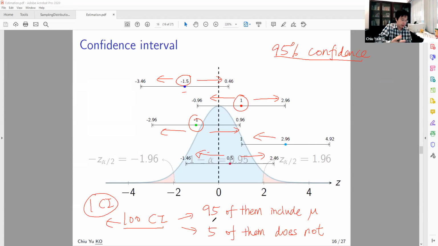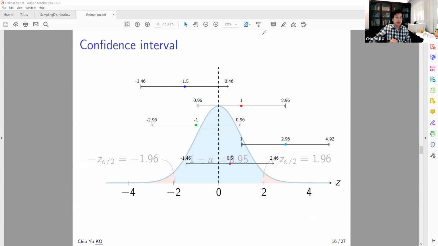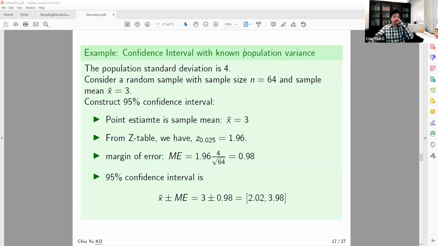So here again, the similar idea: we repeat many of them, 95% of them will include it.